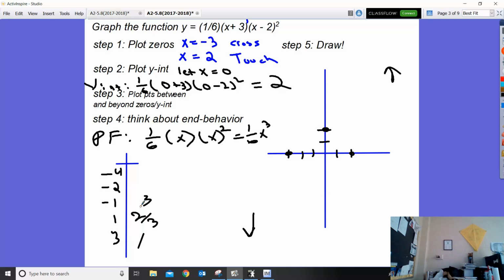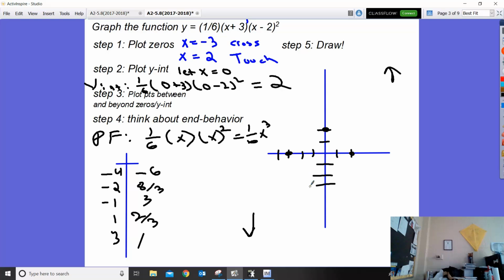You got to retype the equation. What you got, Austin? -4 is -6. -2 is 8/3. Probably have 2.66. That's all you need to know to graph this thing.